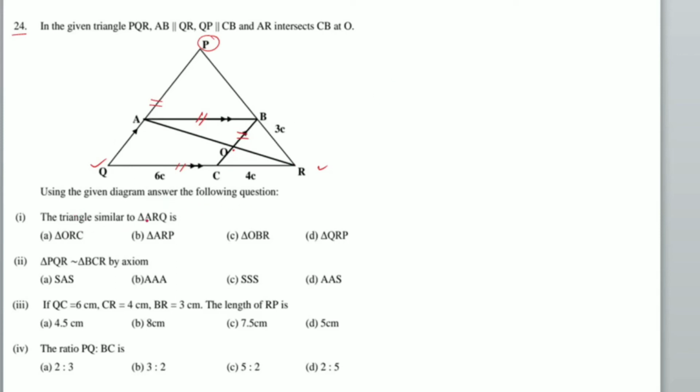Now the triangle ARQ, means this angle, is similar to which angle?